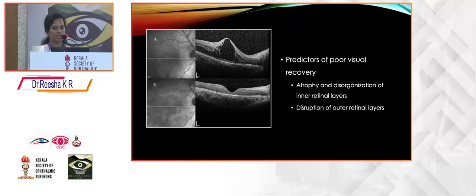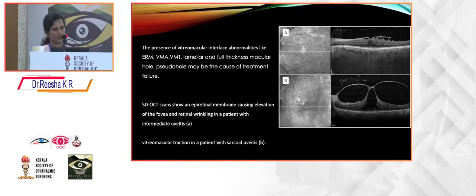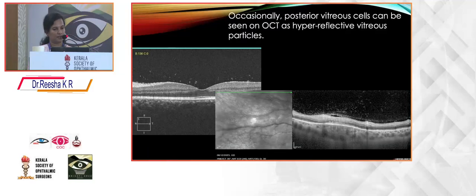And these are the predictors of poor visual recovery. They are atrophy and disorganization of the inner retinal layers and disruption of the outer retinal layers and RPE. The presence of vitreomacular interfaces like ERM, vitreomacular traction, are identified by OCT and again causes treatment failure.